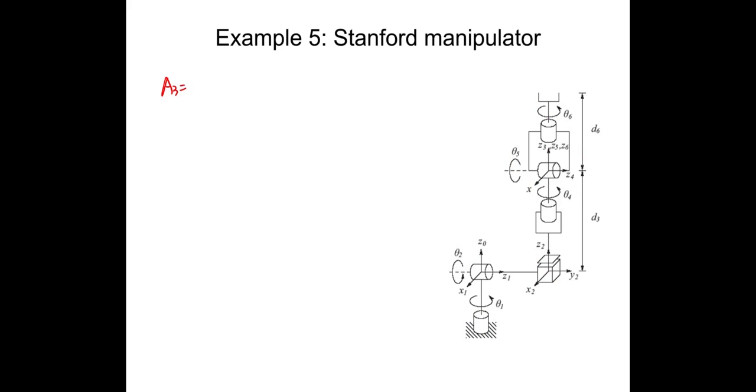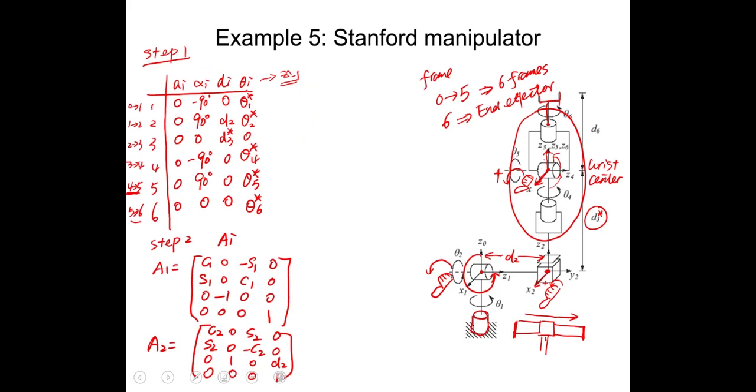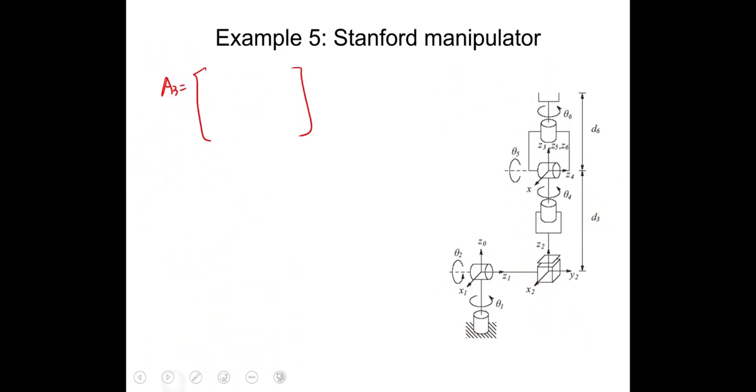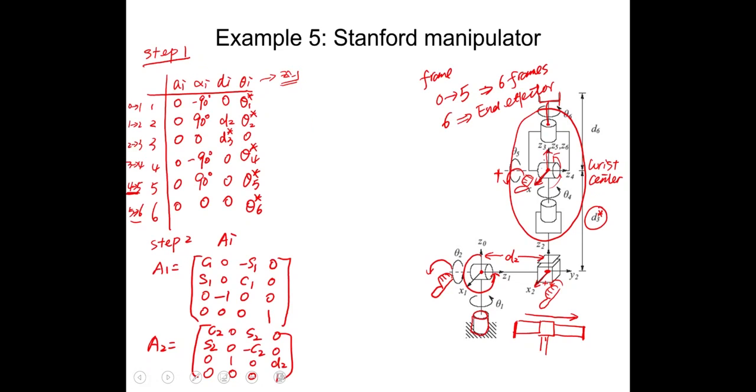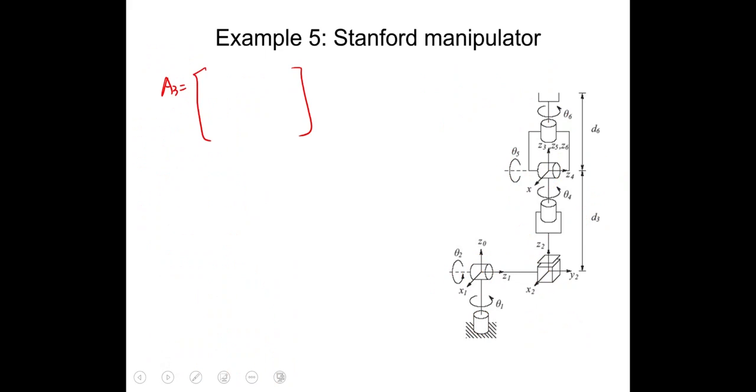My A3 is pretty simple because I have these 3 zeros. So A3 is 0, 0, 0, 1 and 1, 1, 1, 0, 0, 0, 0, 0, 0, and this is 0, 0, d3.